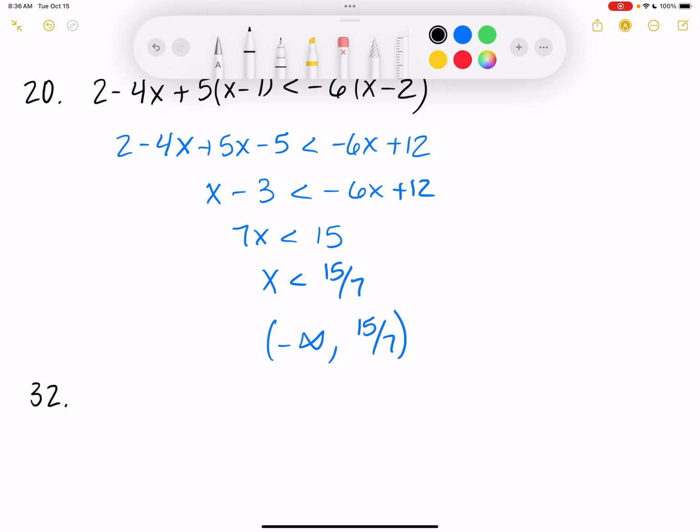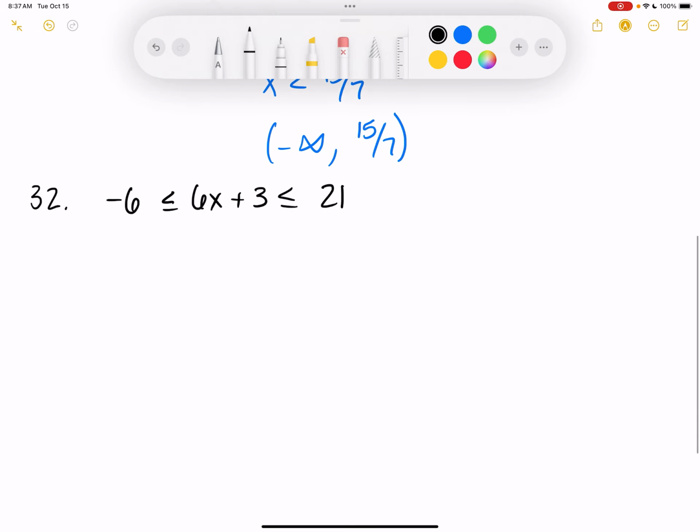So 32, I've got negative 6 is less than or equal to 6x plus 3, less than or equal to 21. When I have one like this, anything that I do, like if I subtract 3, I'm subtracting it from both sides.